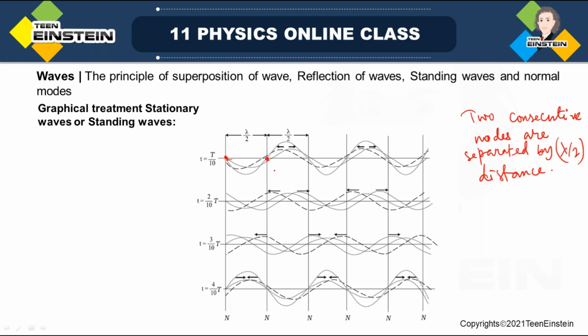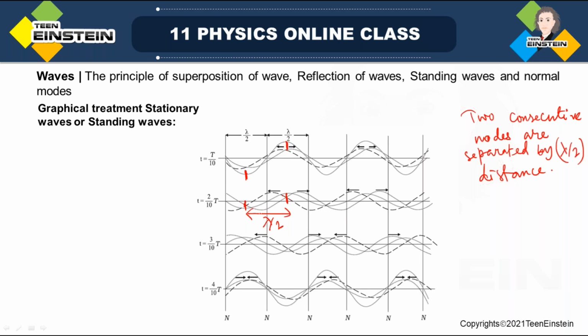Similarly, if you look here, the antinodes are also separated by, suppose this is an antinode, and another one is here. So they are also separated by half of the wavelength distance.